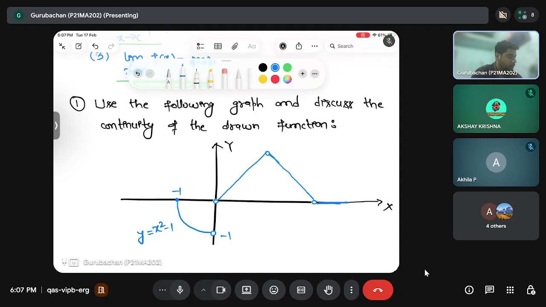Then this is going till this point. So this is your 2, 3, 1, and this is your 1, and this is your 2. This is the graph of the given function. Here this is y equal to 2x, this is y equal to minus 2x plus 4, and what will be this line? Y equal to 0.